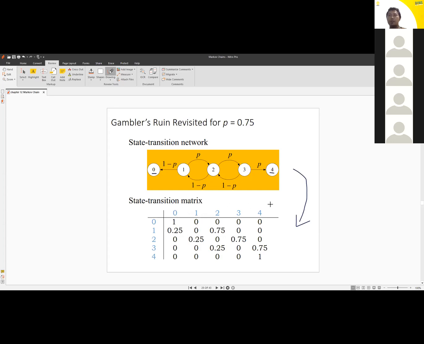So we can simply think that the matrix will be 5 by 5. And then we fill in each probability, and that finishes making the state transition matrix.